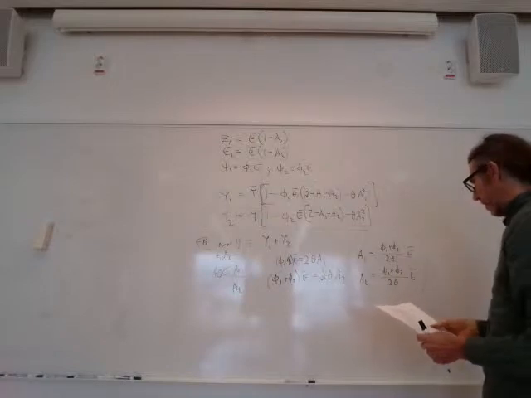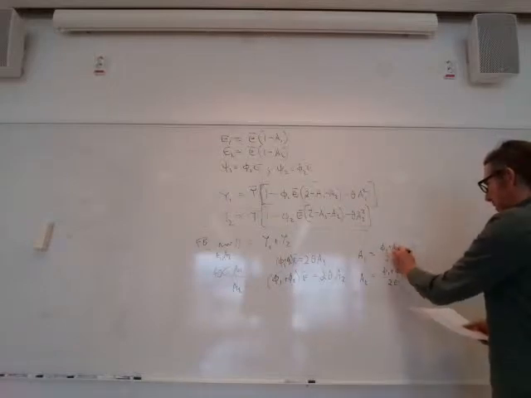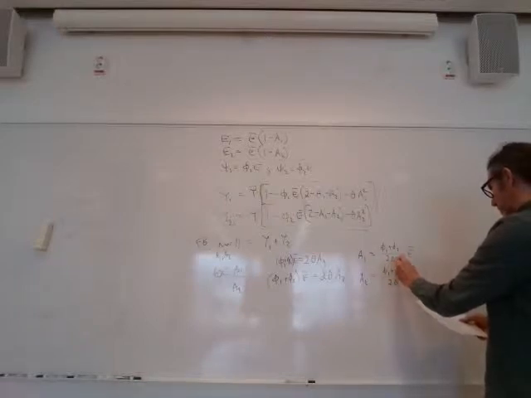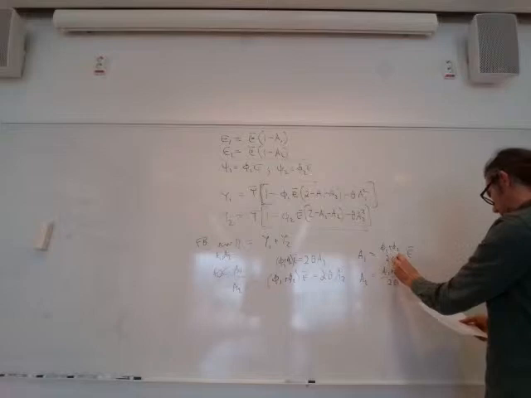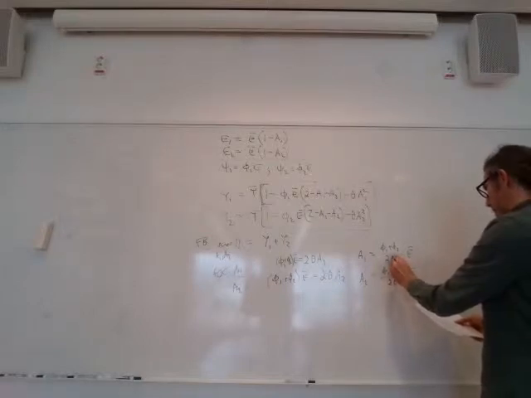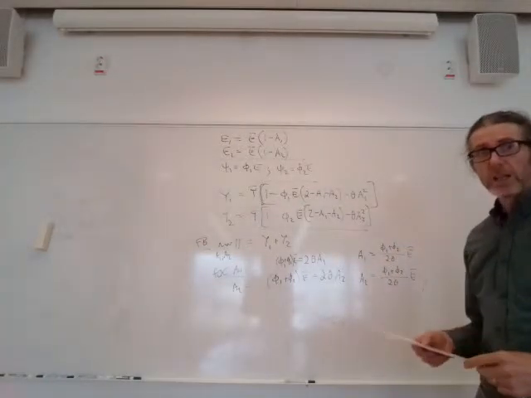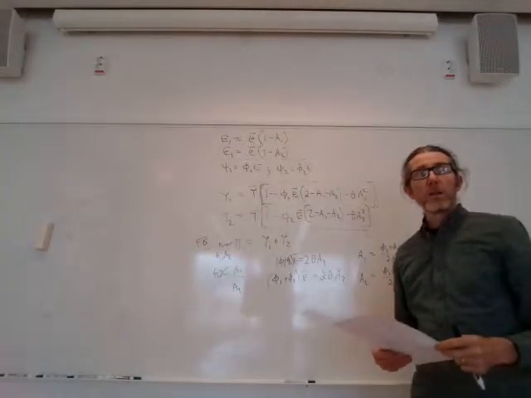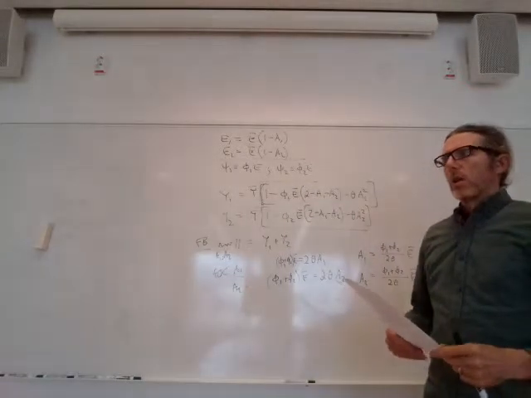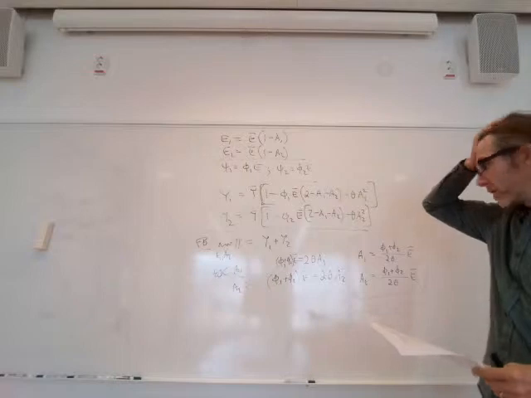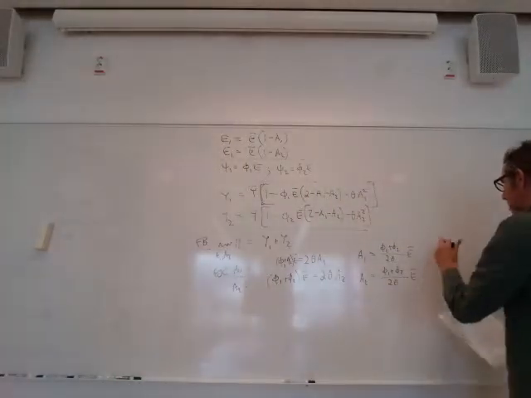Phi1 is 0.06, phi2 is 0.12, so that's 0.18 over 2 theta is 0.2 times E bar, so that's 0.18 over 0.2, which is 0.18 times 5, which is 0.9, isn't it?